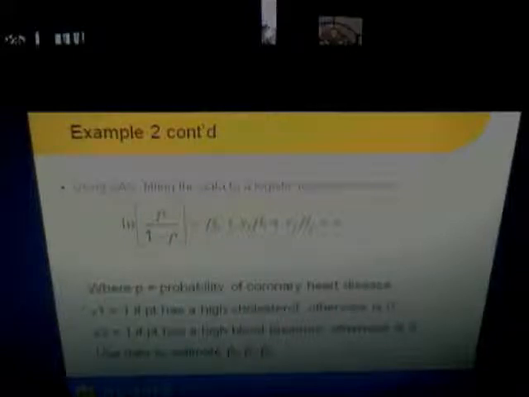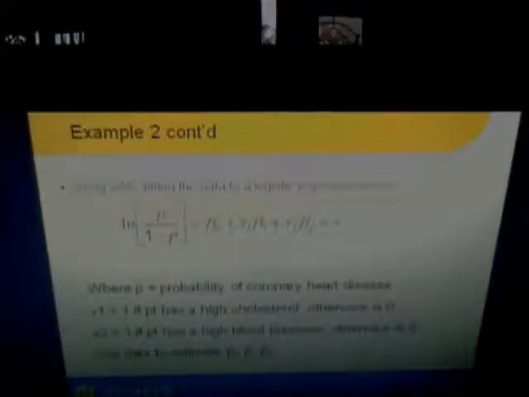Similarly, we can use logistic regression to look at many different variables. We've seen this type of 2x2 table, and you've calculated odds ratios for this type of table. Let's look at how we would do this in logistic regression.